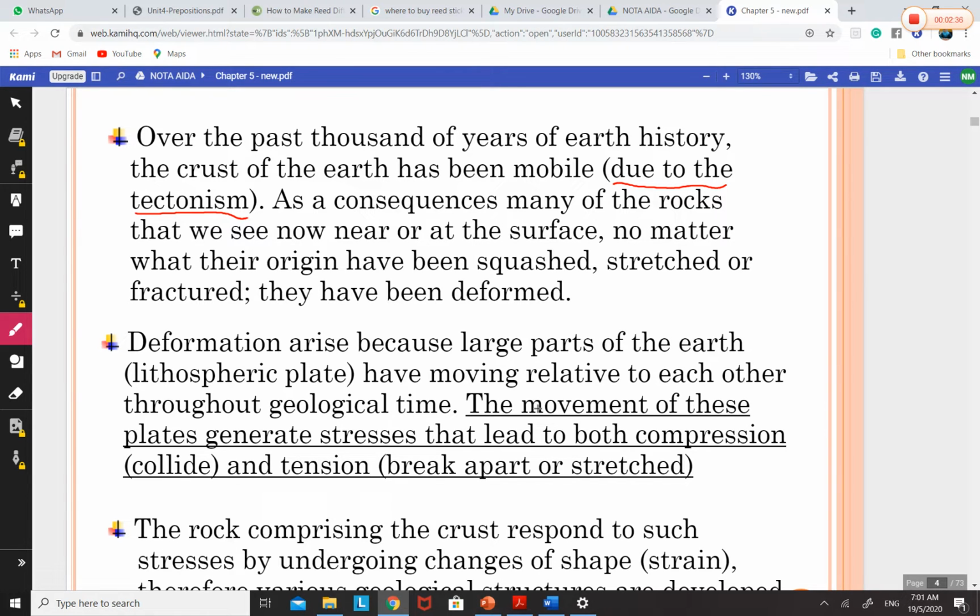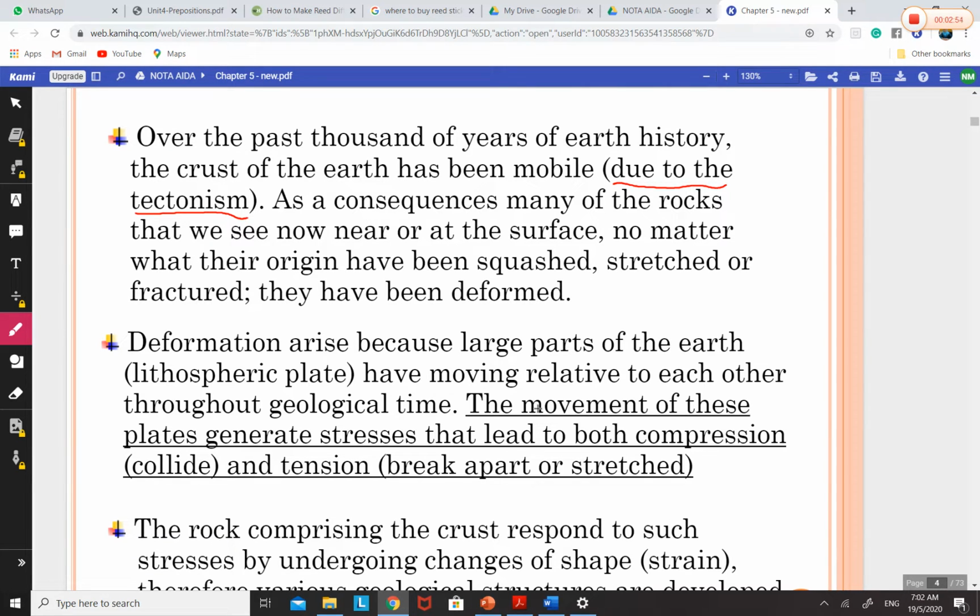By right, kalau ikut definition, kita tak boleh nak nampak that metamorphic rock, but due to the plate movement and the erosion at the surface, nowadays we can see the metamorphic rock at the surface of the ground.